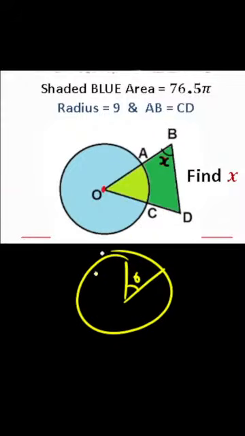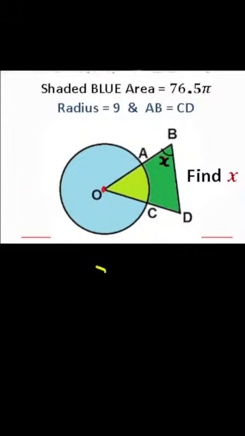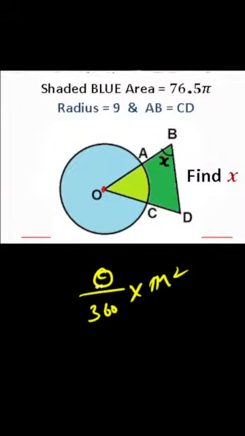So whether I'm talking about this or the major sector, the area is going to be the angle of that sector upon 360 into pi r square. It's as simple as that. Theta upon 360 is representing that part of the circle, and pi r square is representing the entire circle.